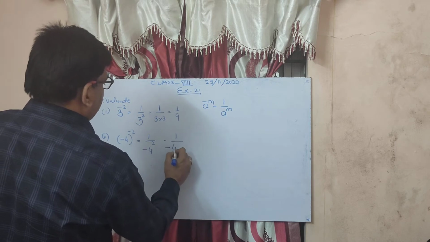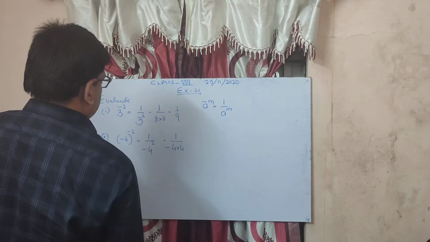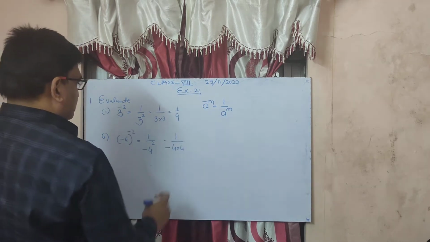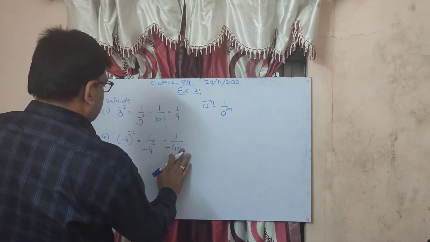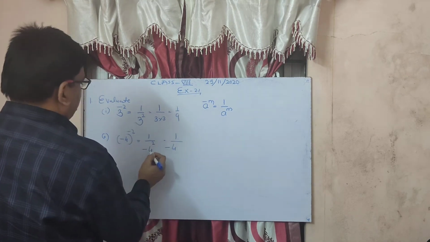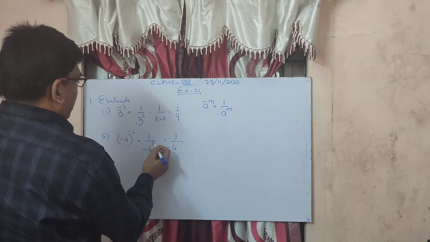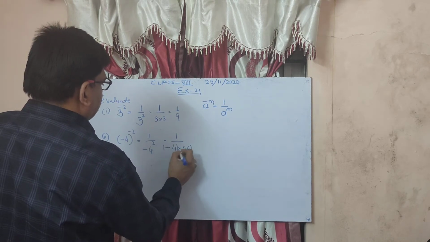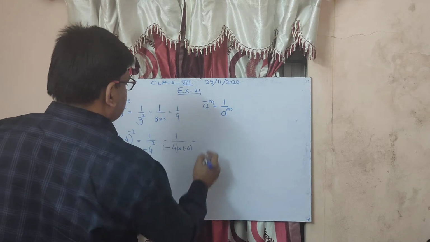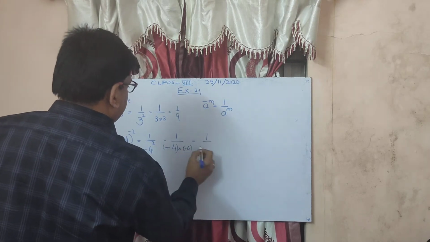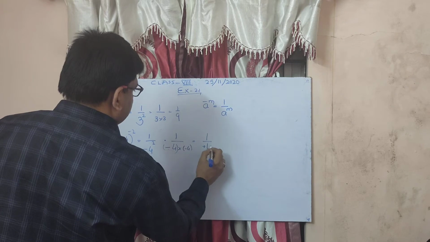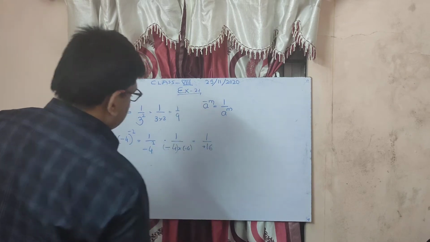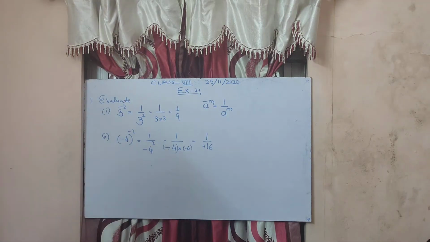How much is 4 square? That means minus 4 is written 2 times. That is minus 4 into minus 4. How much is it? Minus into minus is plus, 4 fours are 16. 1 upon 16.